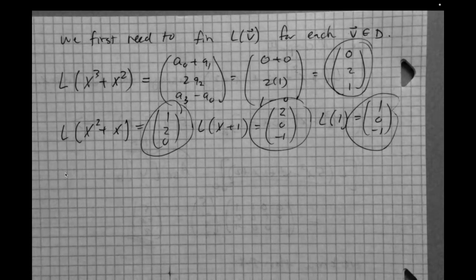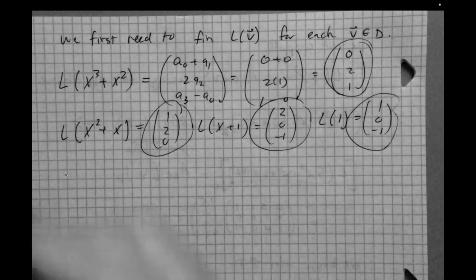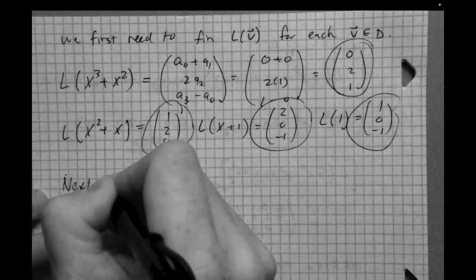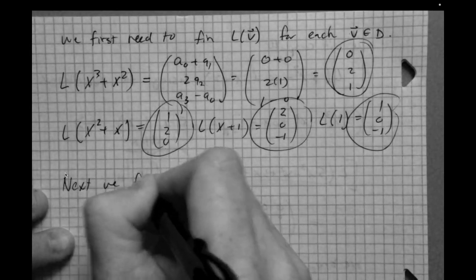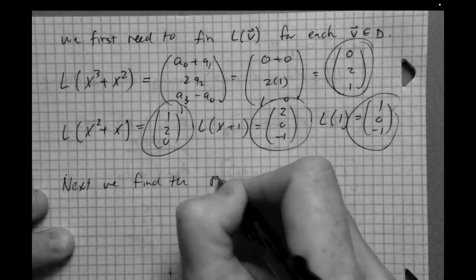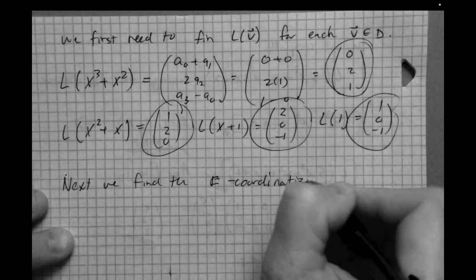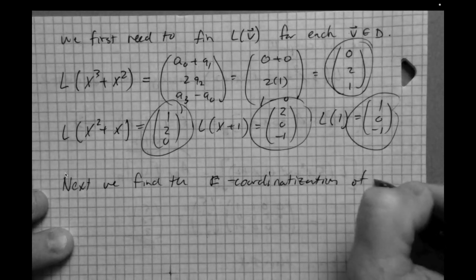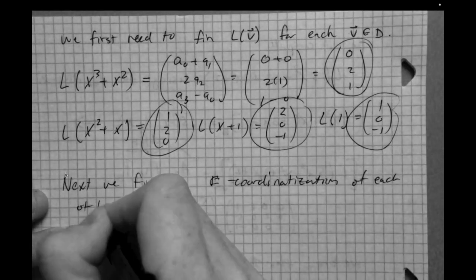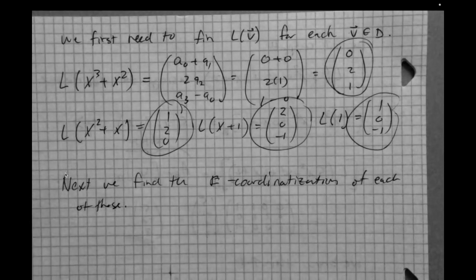Okay, and so next, what do we have to do? Well, we have to take each of these four and find the E coordinatization of each of these. And basically what does that entail?